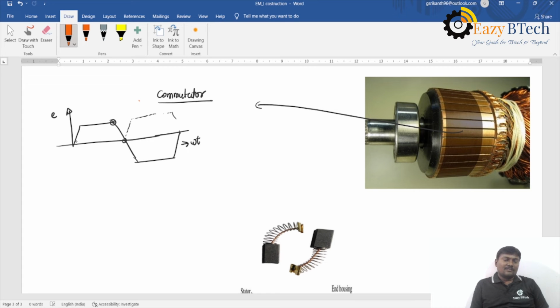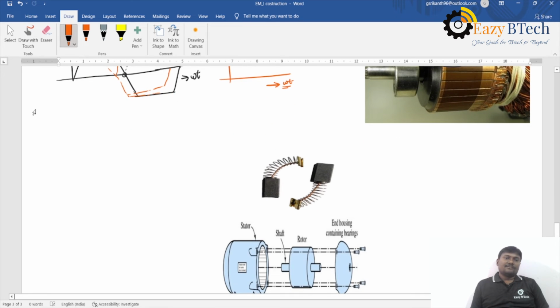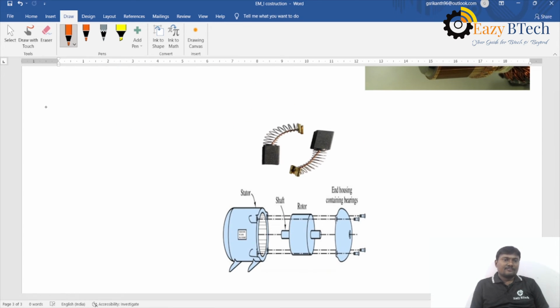If the negative half cycle is converted into the positive half cycle, then it looks like a pure DC. If the number of coils are connected like this, and the negative half cycle is converted into the positive half cycle, then I will get the pure DC with the help of a commutator.